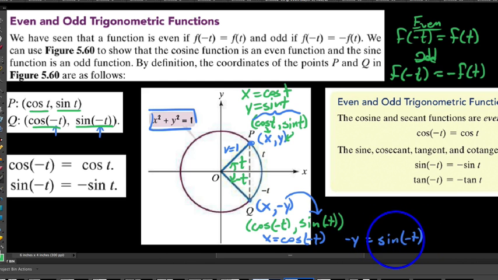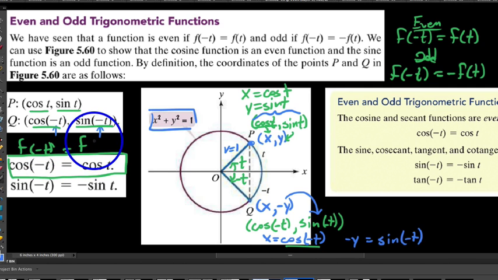And so the first thing I'm going to start with is this. If x is equal to the cosine of negative t and x is equal to the cosine of positive t, then what this means is that the cosine of negative t and the cosine of positive t are the same. With respect to evenness and oddness, what we're really saying is with a negative input here, we got this.